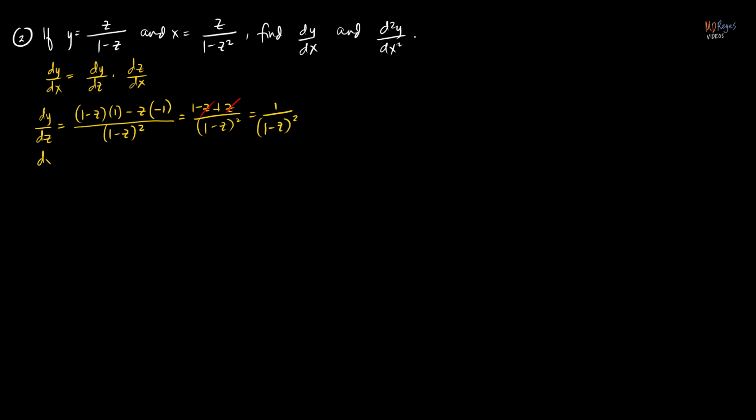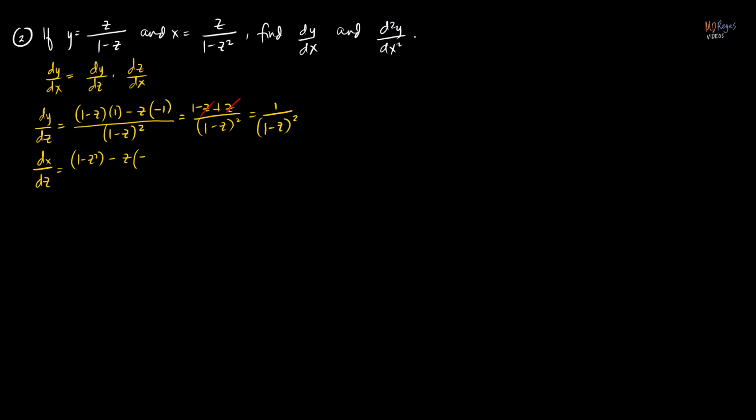Okay, now it's time to differentiate x with respect to z. Using quotient rule also, where u is equal to z in the numerator and v is equal to 1 minus z squared in the denominator. So it's v times du, (1 minus z squared) times du, where du is equal to 1, minus u times dv, where dv is the derivative of 1 minus z squared.